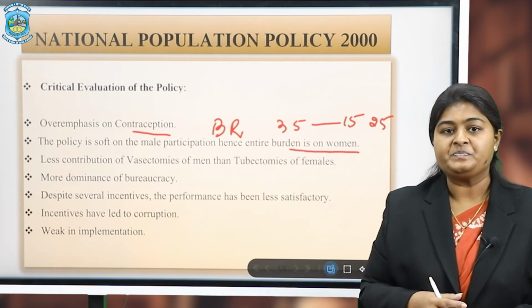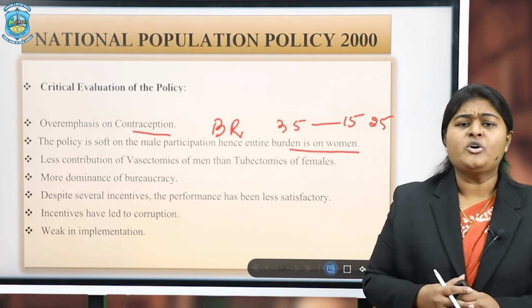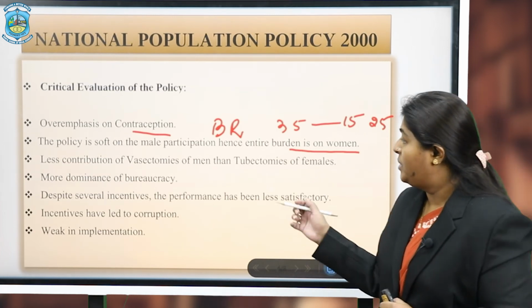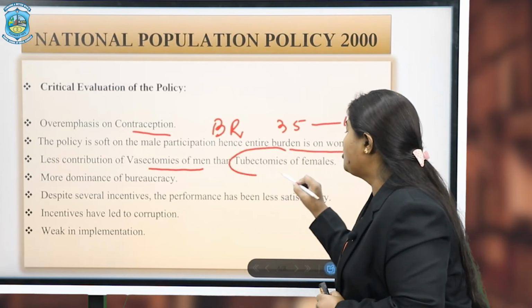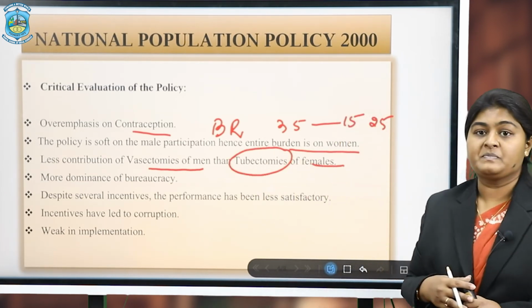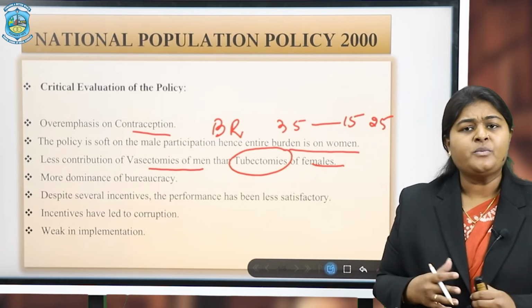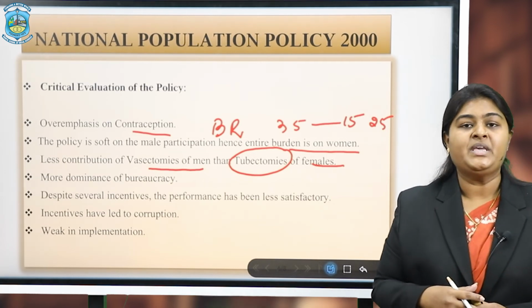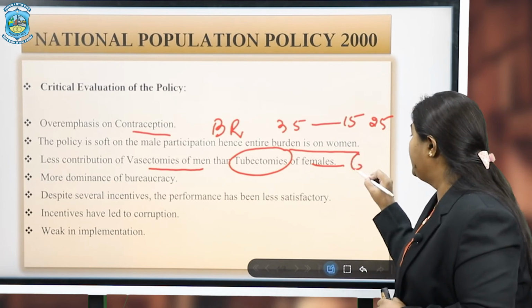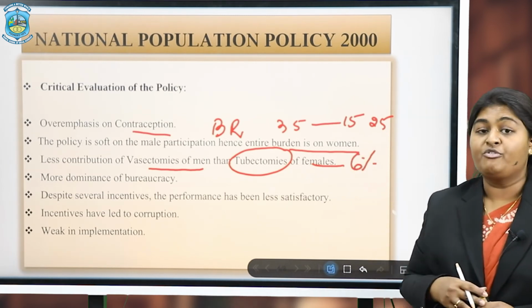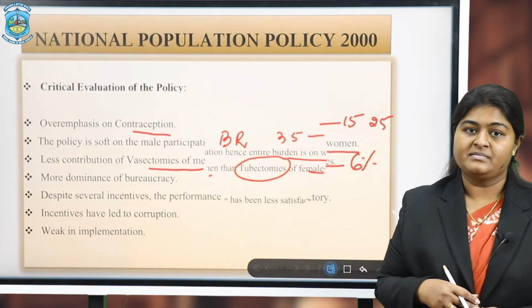Apart from that, there were fewer vasectomies of men than tubectomies of females. It is observed that vasectomy accounts for only 6% of the current usage of contraceptives.